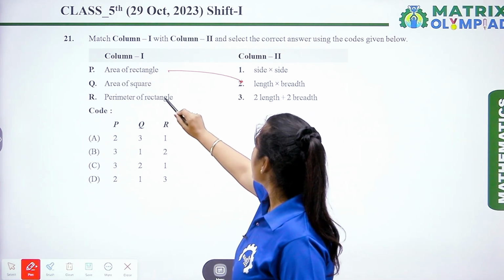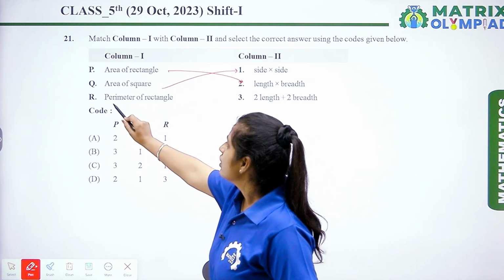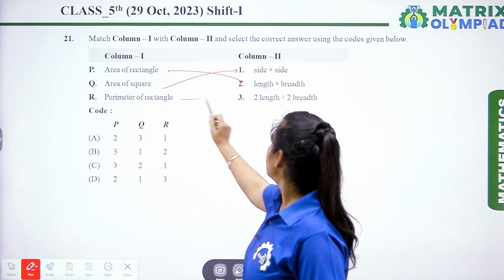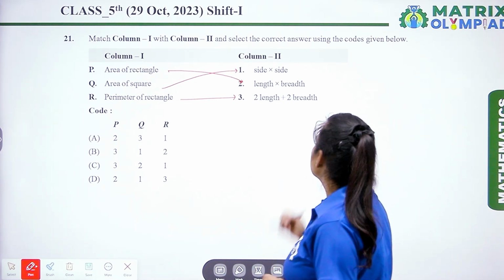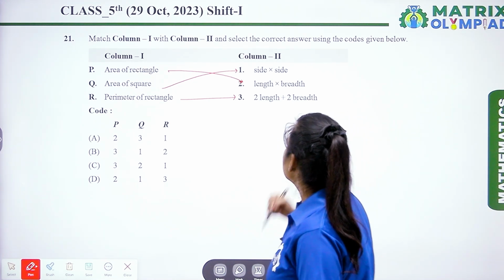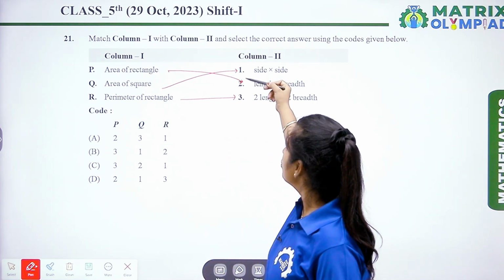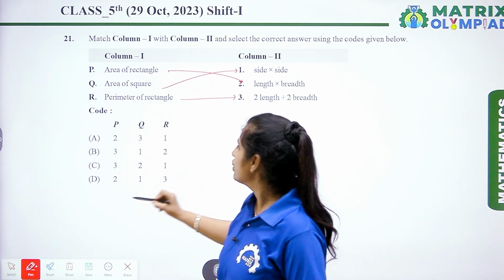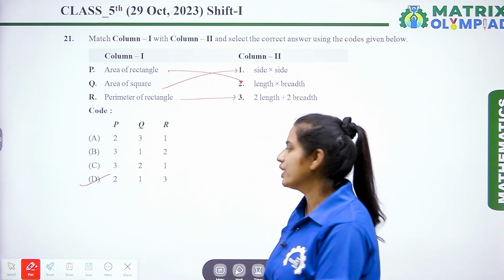So area of a square is side into side. This one is the correct one. Now perimeter of rectangle is 2 length plus 2 breadth. It means 2 multiplied by length plus breadth. So here the sequence is 2, 1, 3. So option D is the correct answer. That is 2, 1, 3.